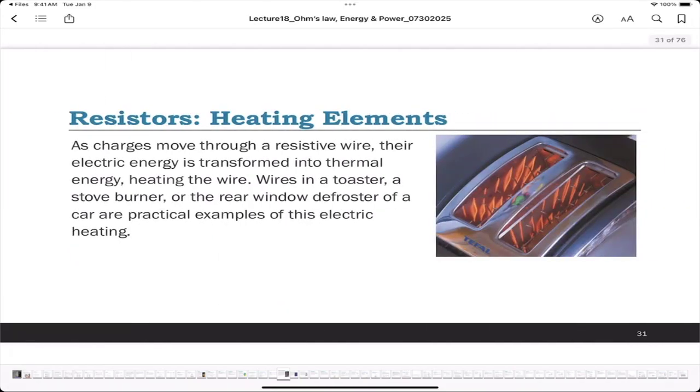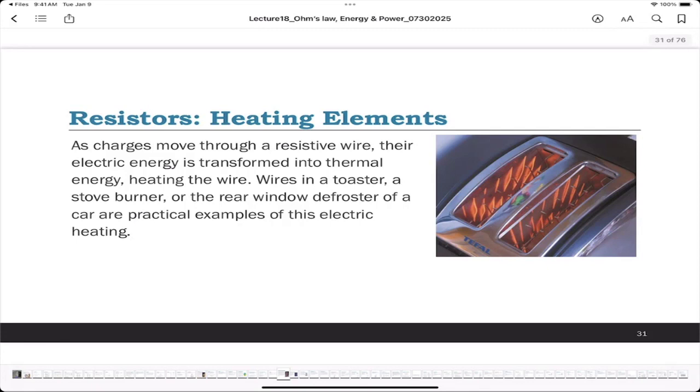For the resistors, we can talk about heating elements. As charges move through a resistive wire, their electrical energy is transformed into thermal energy, heating the wire. A toaster, a stove burner, or the rear window defroster of a car are practical examples of this electric heating.